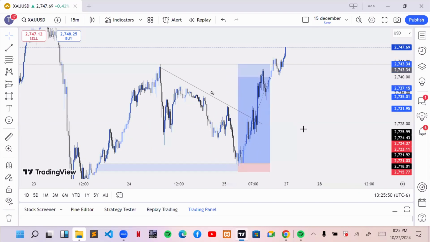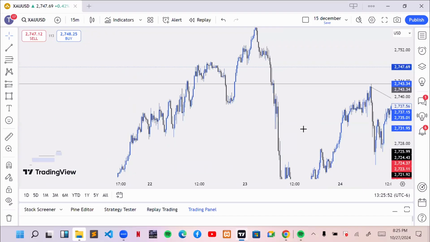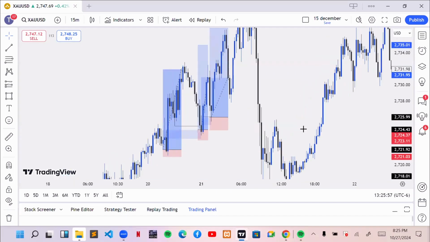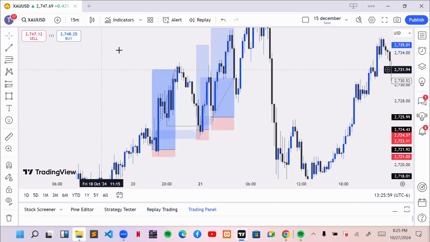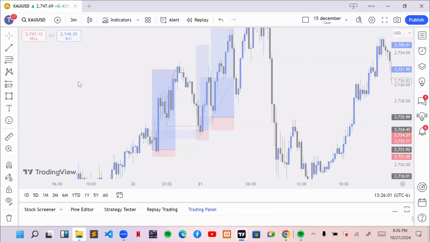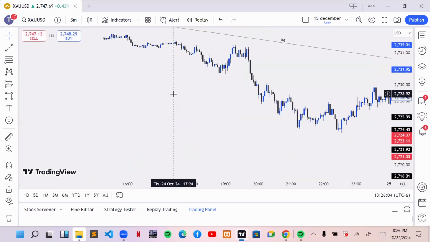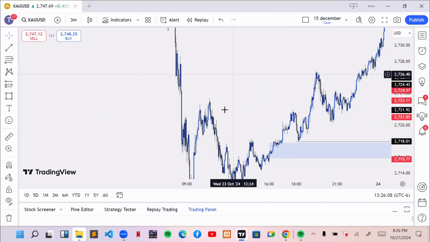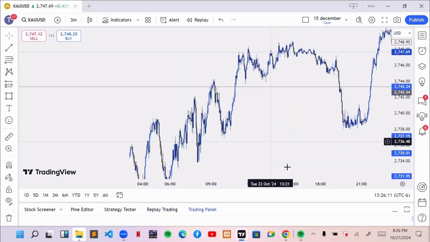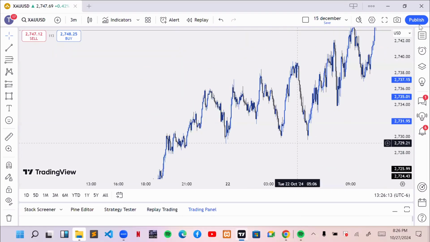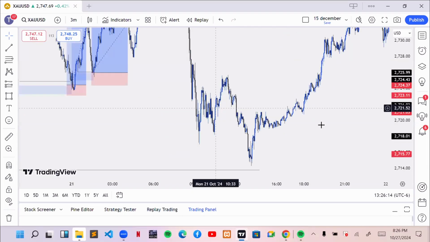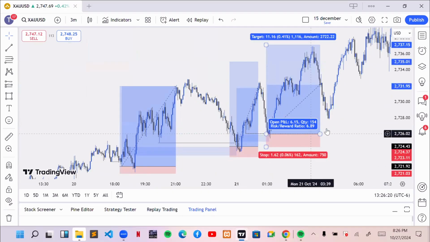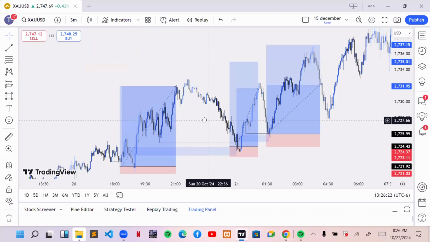That was why my TP for this trade was right here. Same as here. So same here.